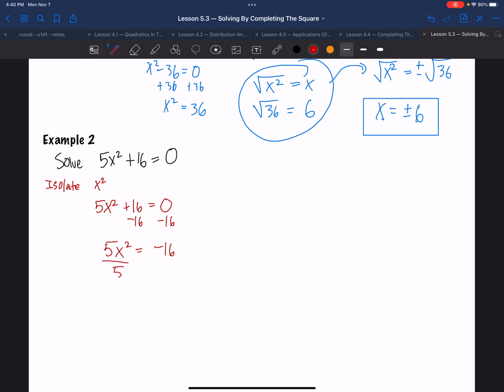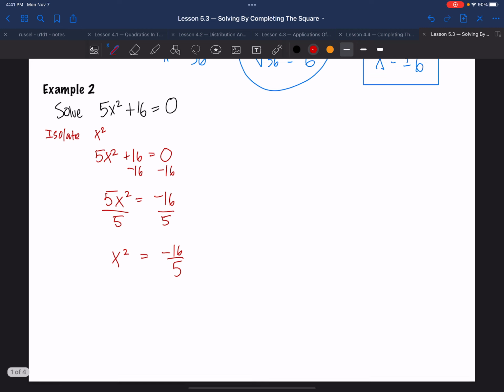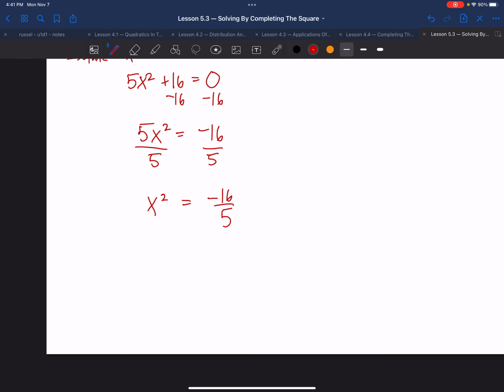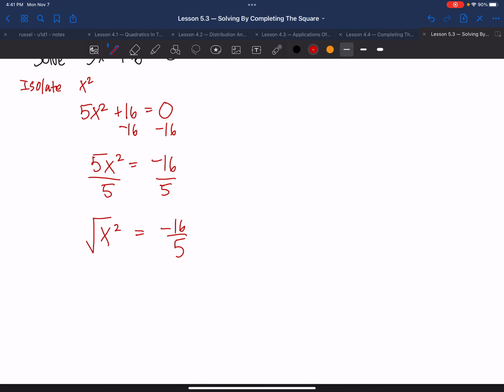But then I will divide by 5 on both sides such that x squared equals negative 16 over 5. Now, from here, I want to take the square root of both sides. So I'm going to say square root here and square root here.